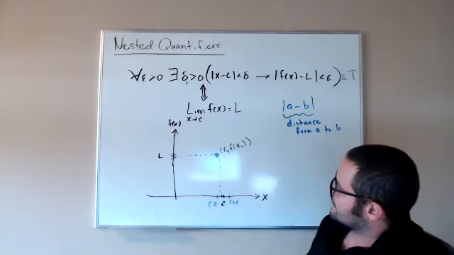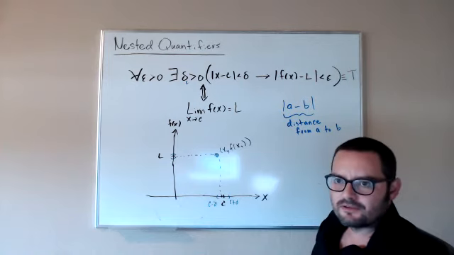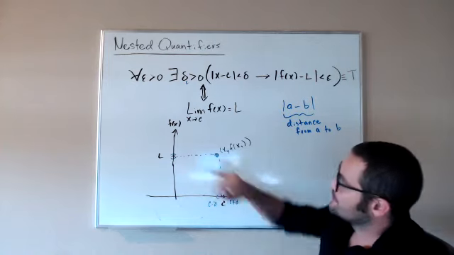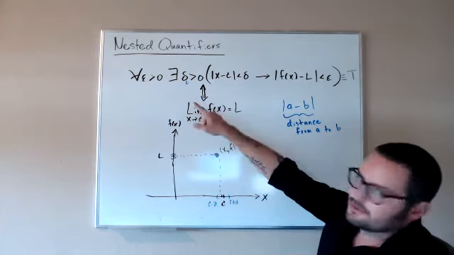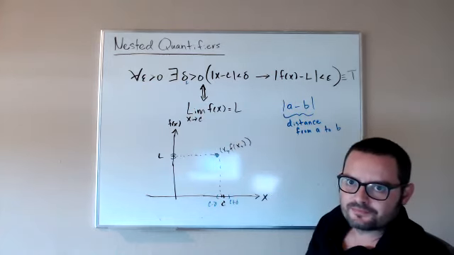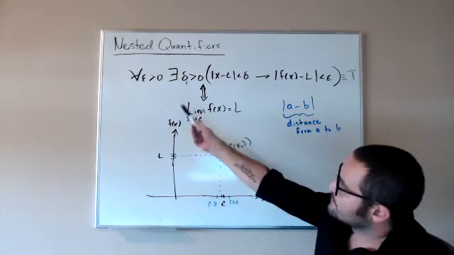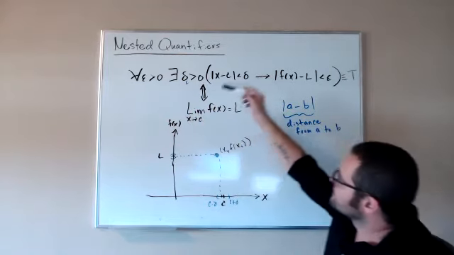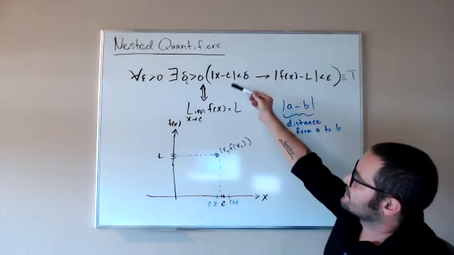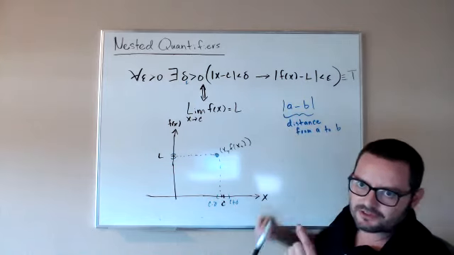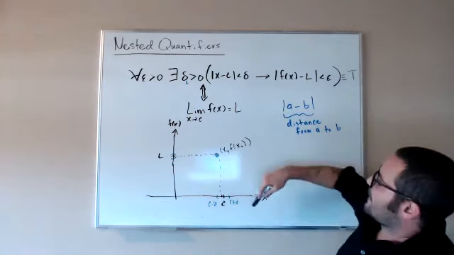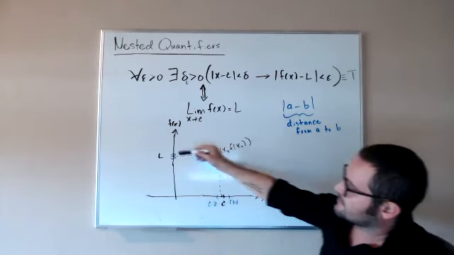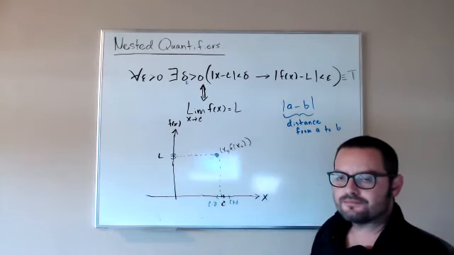Hopefully that helps with the understanding of the definition of a limit when you think of it in terms of the logical structure. For any epsilon we take, there has to exist a delta such that if we take an x close enough to C that's inside that delta ball, then the output of that will be inside the epsilon ball around L. Okay?